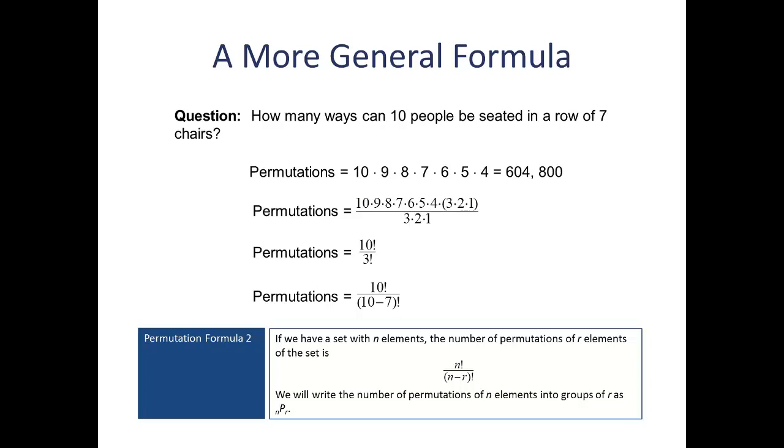If you substitute those numbers into the formula, you should see that we do get the number that we calculated here, 10 factorial divided by 10 minus 7 factorial. You should also take note of the last sentence there. We'll often write this permutation as nPr, where the n and r are subscripts. That's a very common notation that you'll see throughout combinatorics and throughout the rest of our lectures.